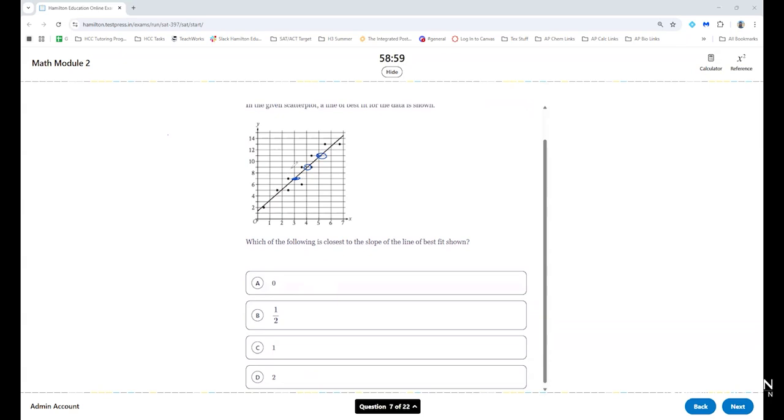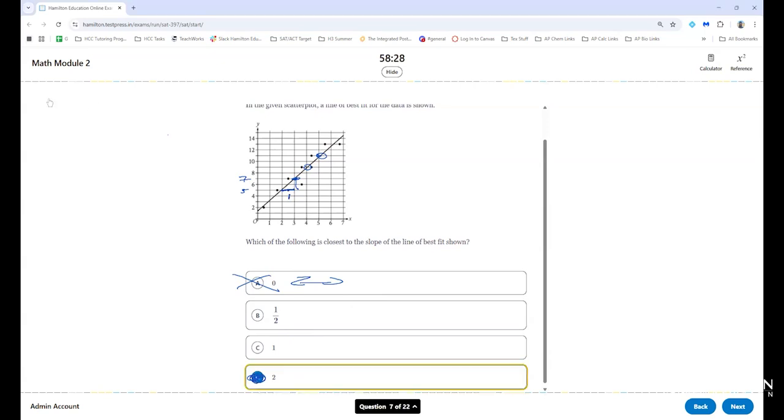But definitely the point 3,7 is pretty powerful. Now, what is the answer? Well, we can go through the answer choices. The slope of 0 is a horizontal line, so we can cross that off immediately. And is the slope 1/2, 1, or 2? Well, we can try eyeballing it by drawing a slope triangle. If I go over 1 in the x, how much should I go up by? Well, we know that's 7, and it came from approximately 5, so the slope should be 2.